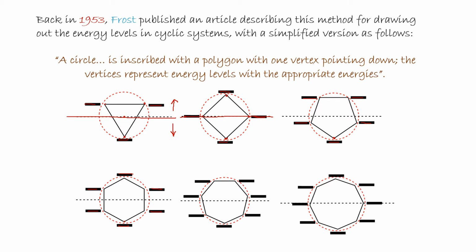Non-bonding. So for the cyclopropenyl, we have 1 bonding and 2 anti-bonding. For the cyclobutadiene, you have 1 bonding, 2 non-bonding, 1 anti-bonding, right?